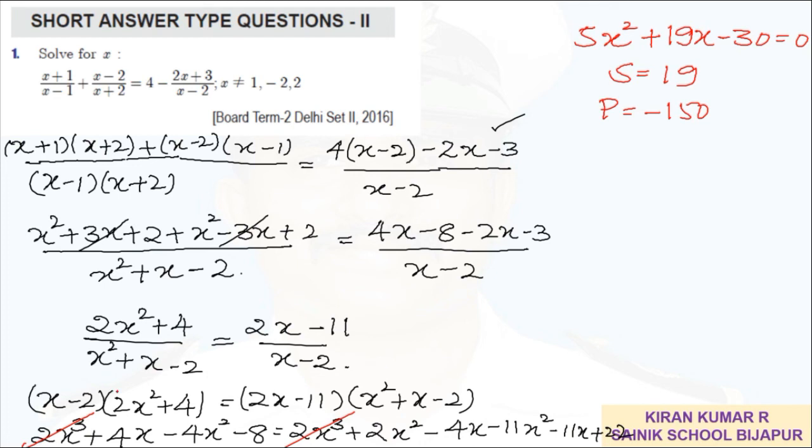The two numbers which make minus 150 are 25 times minus 6. So it's plus 25 and minus 6.